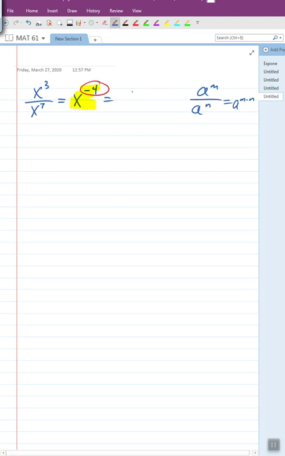But this is exactly the same thing as what? 1 over x to the positive 4. Because if I just imagine moving that x to the negative 4 down to the bottom of the fraction, moving it across the fraction bar will switch the sign of the exponent. This is the answer.